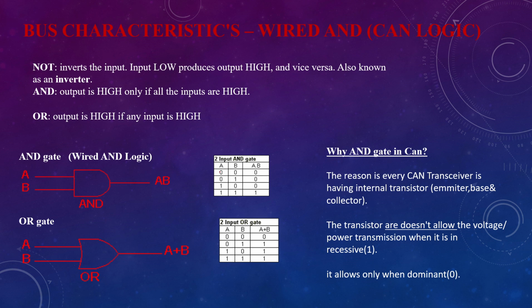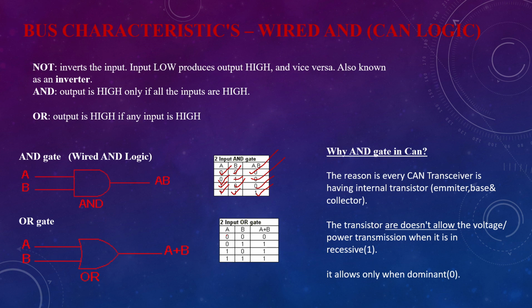This is 0, this is 0. These are two dominants, so the output is dominant. Here one is dominant and one is recessive, the output is also dominant. If both are recessive, then only will the output be recessive.